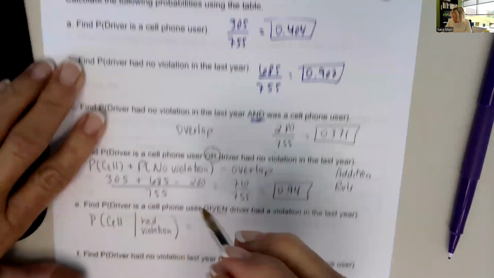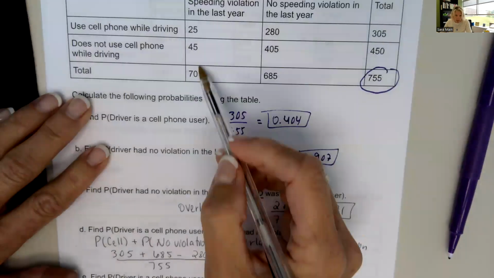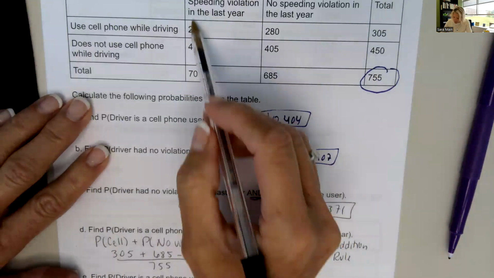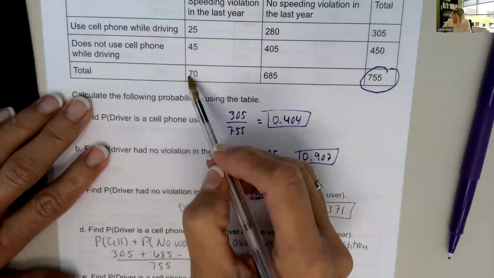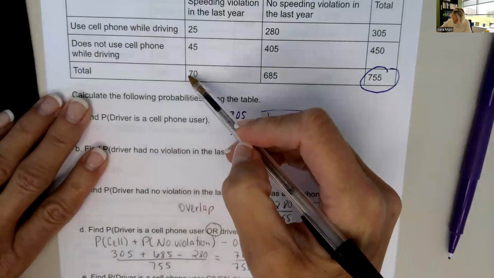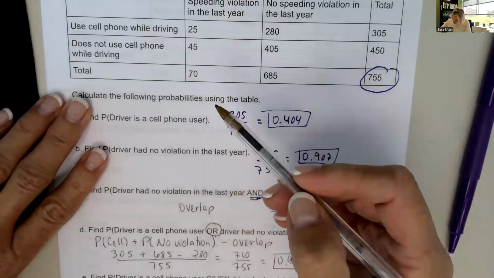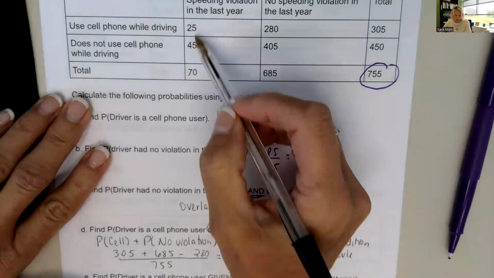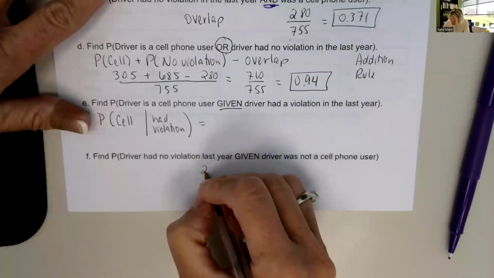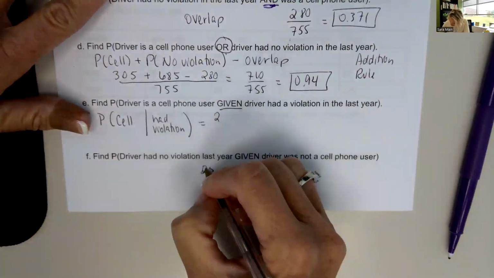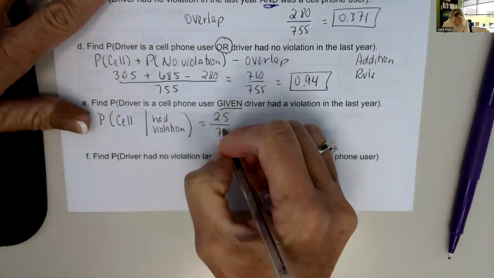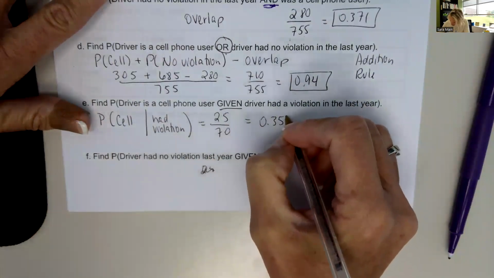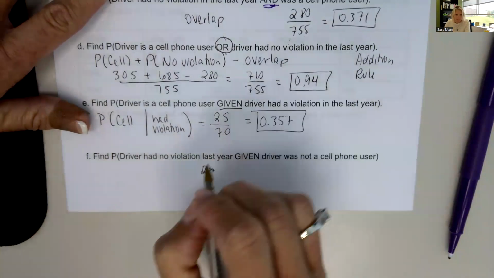Given that they had a violation means that only out of these 70 people are we talking. So out of these people that had a violation, what is the probability that they use a cell phone? So that's 25 out of the 70. And that comes out to be 0.357.